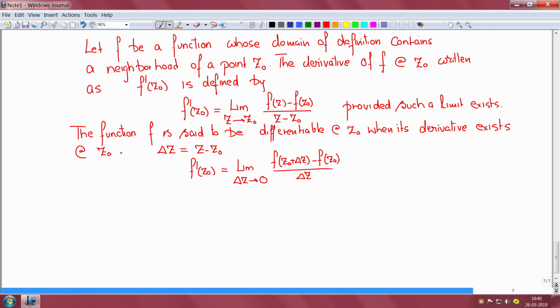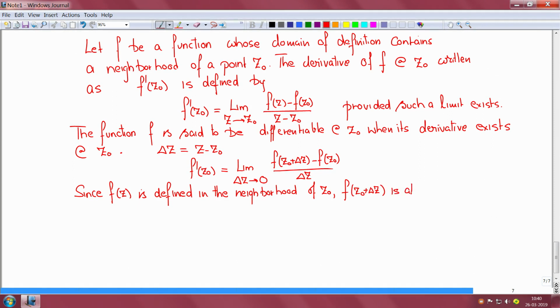Now, since f of z is defined in the neighborhood of z0, f of z0 plus delta z is always defined for delta z sufficiently small.